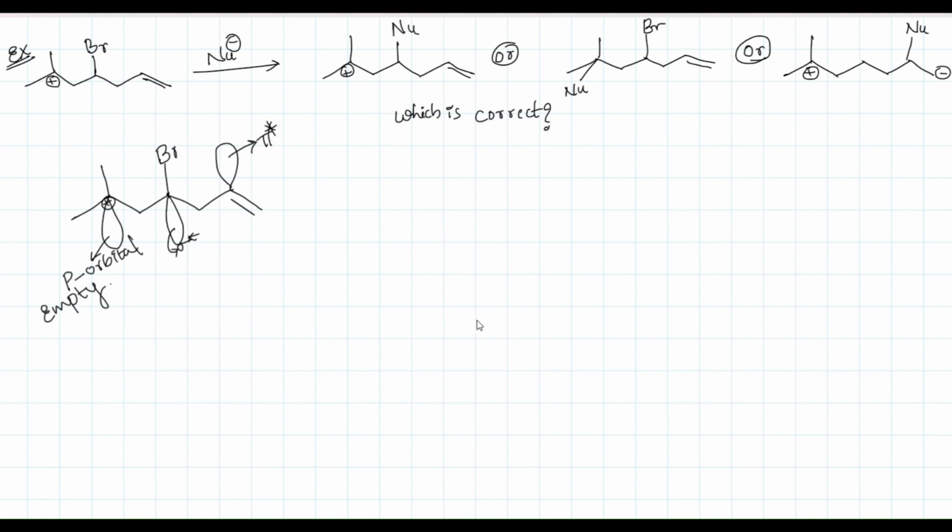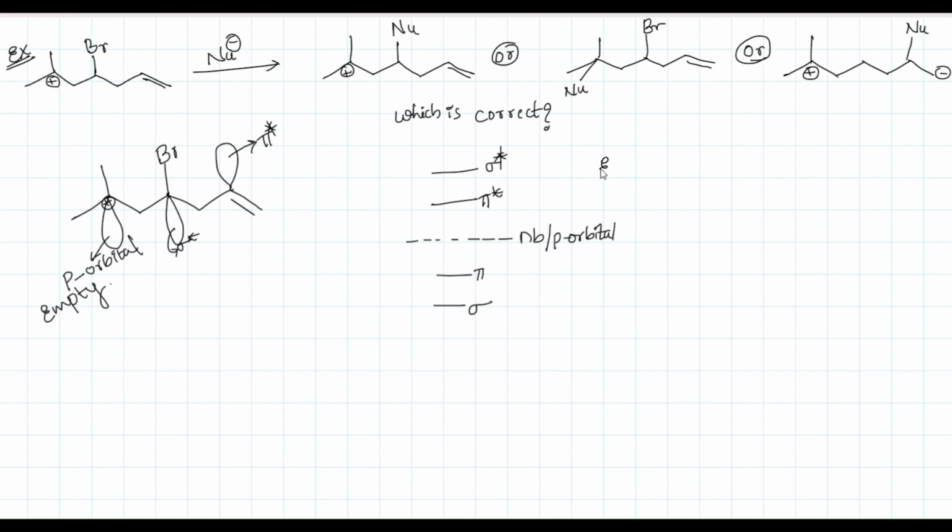Let us discuss the energy profile diagram, right? Which has higher energy. We know that sigma and pi molecular orbitals in the energy profile diagram are like this: non-bonding or empty p orbital, and above it pi star and sigma star.